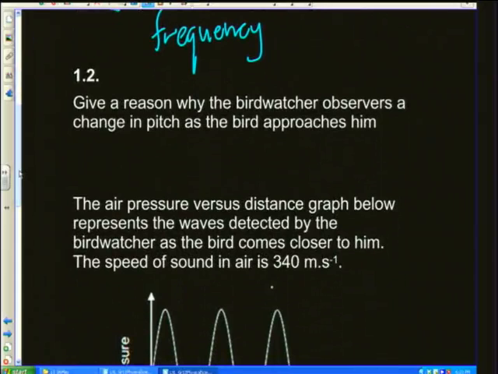It says, give a reason why the bird watcher observes a change in pitch. Very important. Some people would have just written down, and I know this from marking, Doppler effect. That's not the reason why. Guys, you've identified the phenomenon. You haven't given a reason. Why is there a change in pitch? We call the apparent change in pitch the Doppler effect.